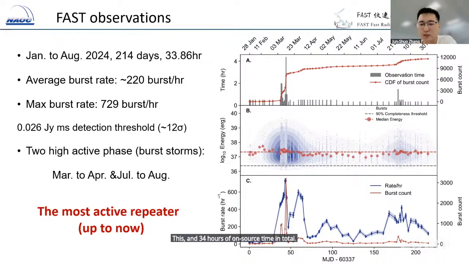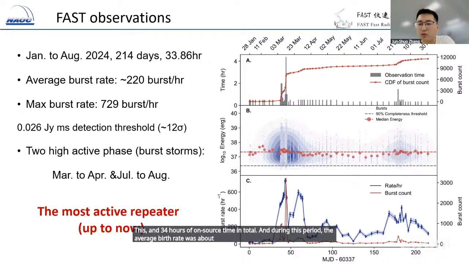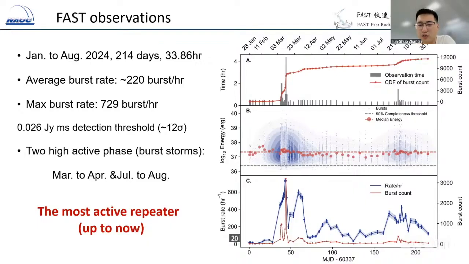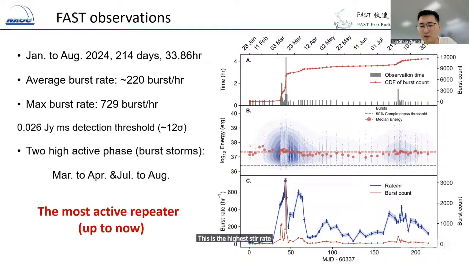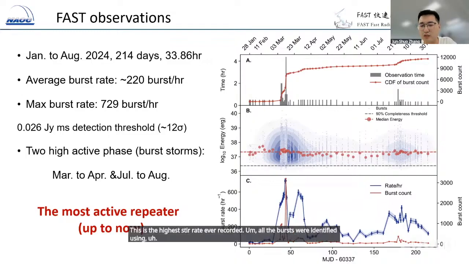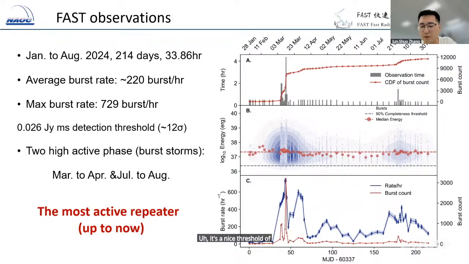During this period, the average burst rate was about 220 bursts per hour. And at the peak, the burst rate reached an astonishing level of over 700 bursts per hour. This is the highest rate ever recorded. All the bursts were identified using an SNR threshold of 12.